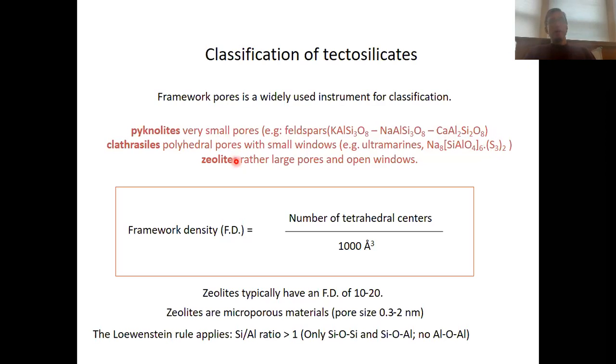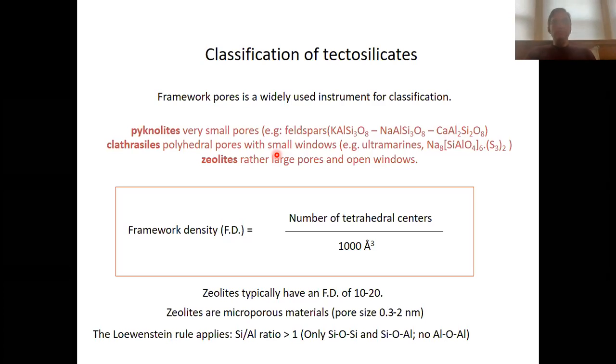So now, then we know the zeolites, and these zeolites now have larger pores, which range typically between 0.3 and 2 nanometers, and they also have open windows, and molecules and ions can enter these pores through these windows.